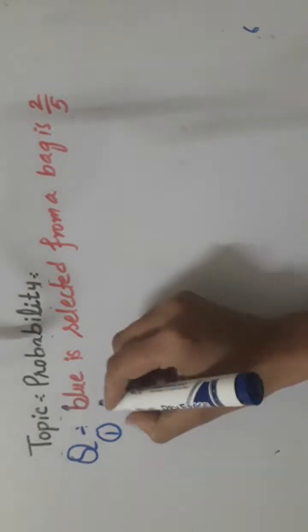Two by five. This is the probability that a blue ball is selected from a bag is 2 by 5.